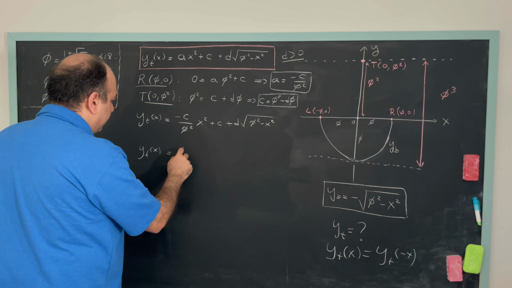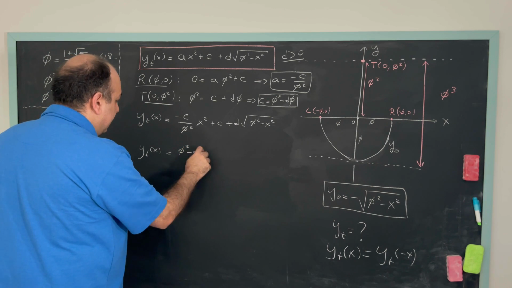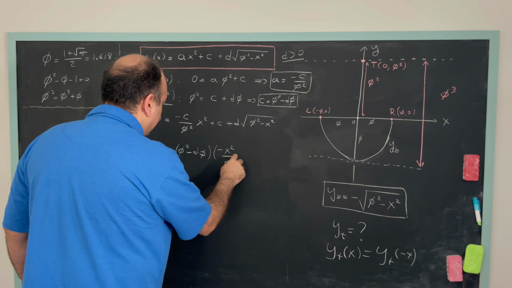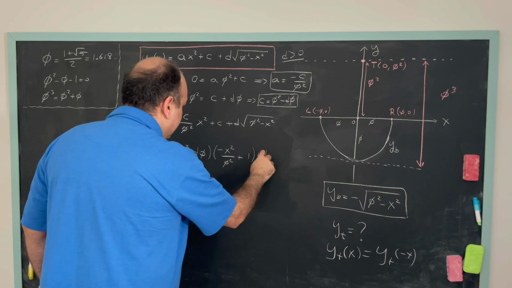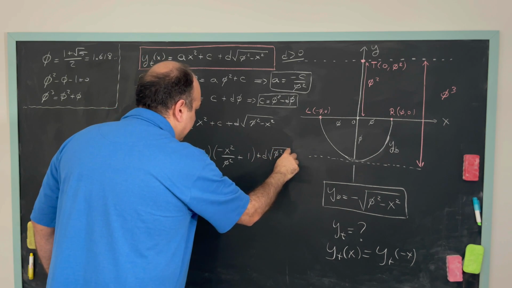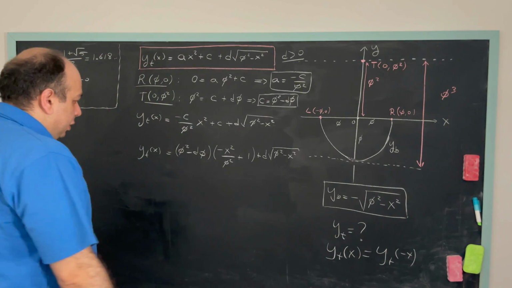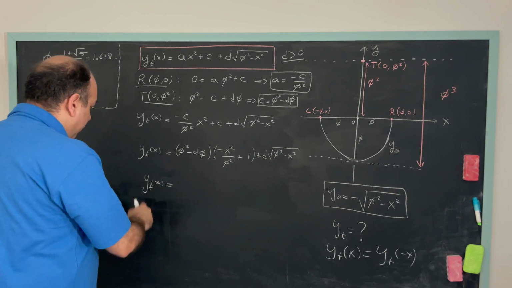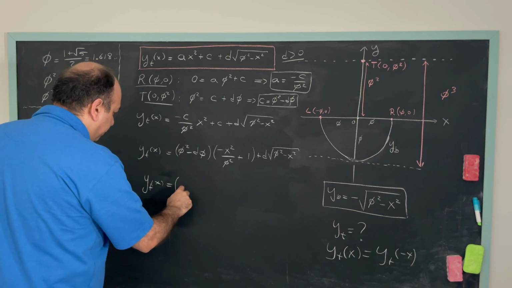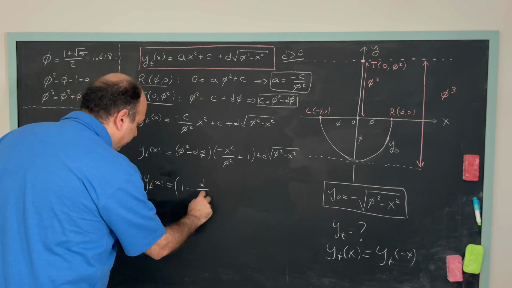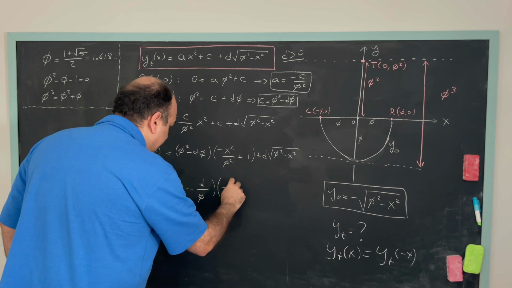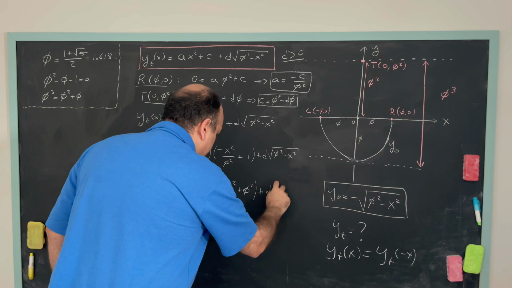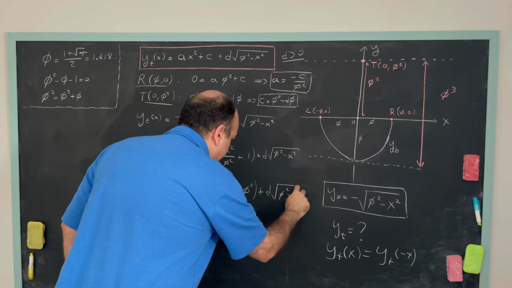So c is equal to phi square minus d phi, parentheses, we have minus x square over phi square plus 1, plus d square root of phi square minus x square. Okay? So I can multiply this term with phi square and divide by phi square. Then we will have the y top function as 1 minus d over phi, times minus x square plus phi square, plus d square root of phi square minus x square.